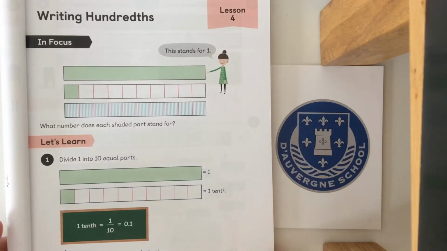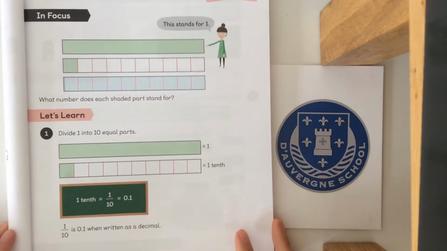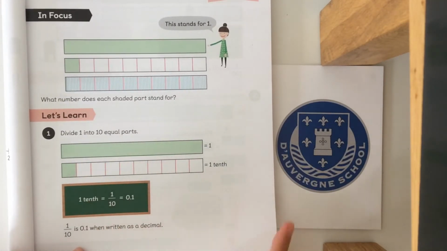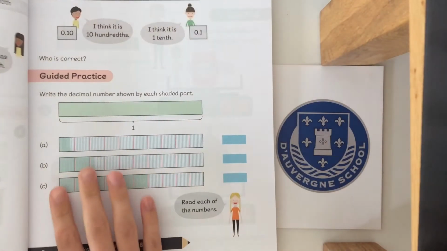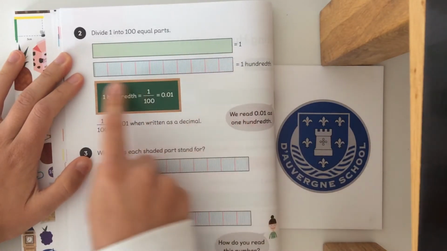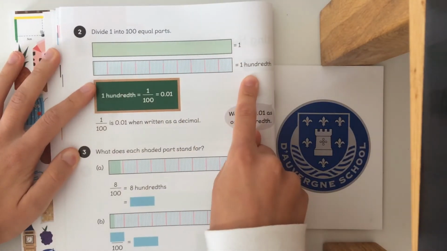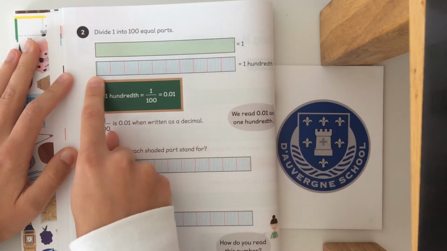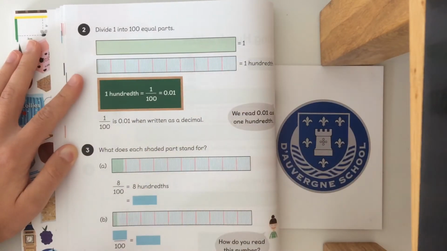Then we can see in our Let's Learn, this part we've already said is equal to 1/10. But if we look at that bar that's split into 100 parts, it means that the part shaded there is worth 1/100th. 1/100th of the bar is coloured in.